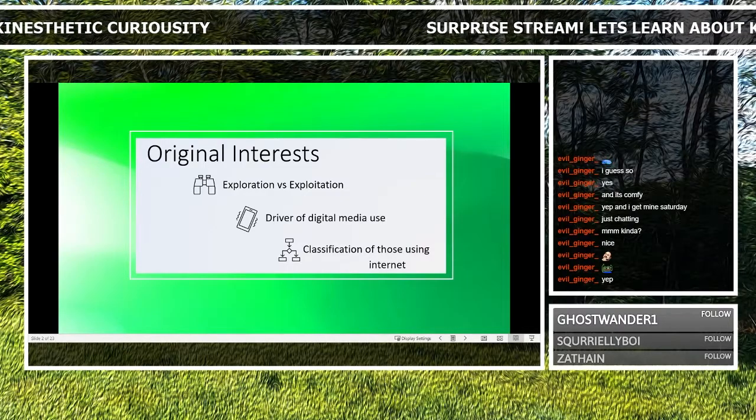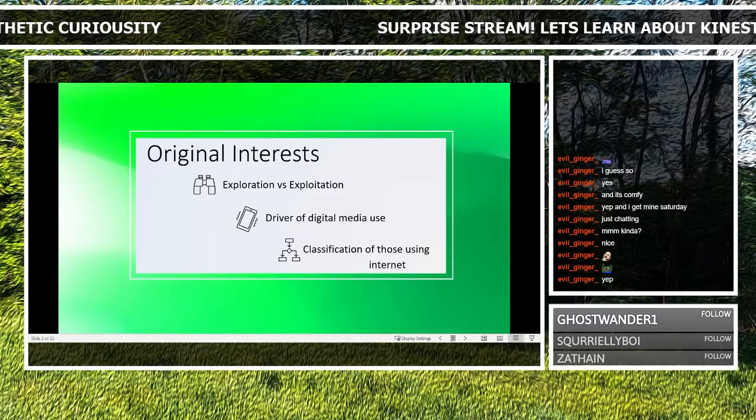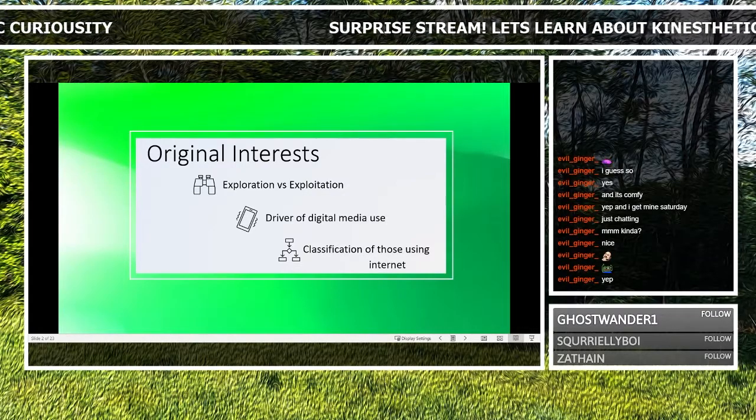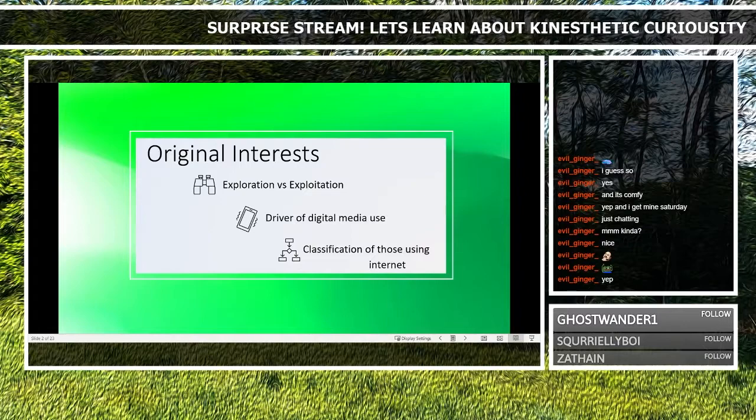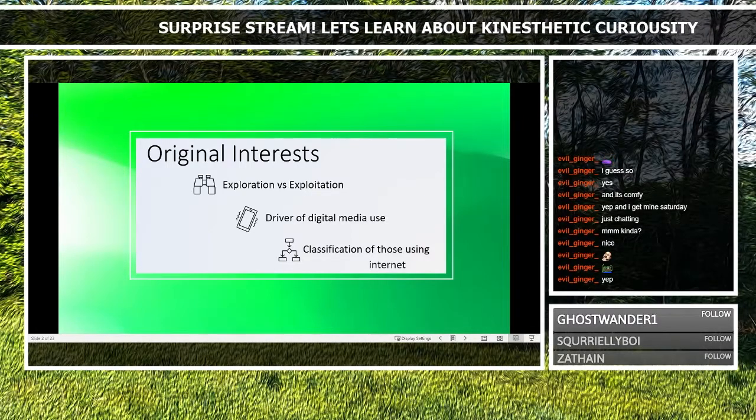I was connecting that concept with this idea of what are the drivers of digital media use. In this explore-exploit paradigm, I was thinking those who go out and want to explore more are more likely to use digital media. And then moving forward from that, could you classify people using the internet as explorers and exploiters?